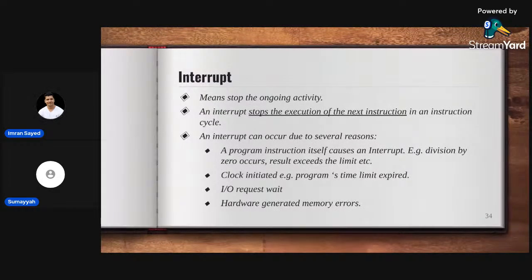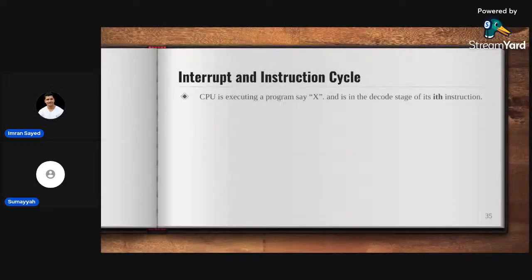Clock initiated: the program's time limit expired. IO request wait, hardware generated memory errors. Say the CPU is executing a program X, and it's at the decode stage of its ith instruction.